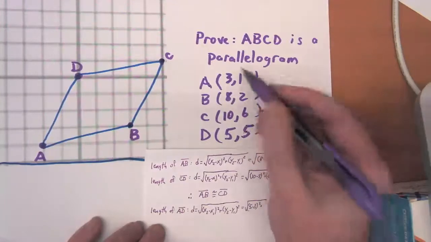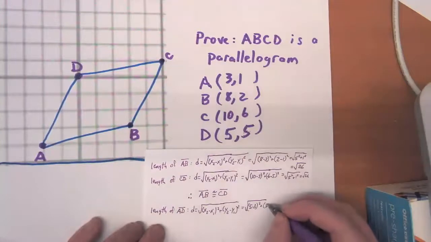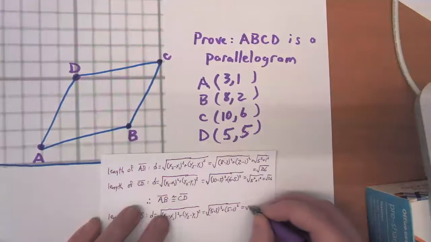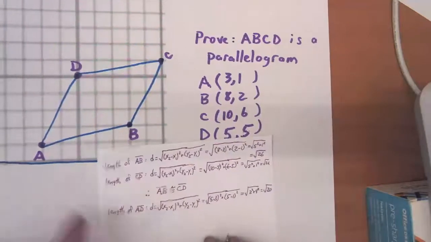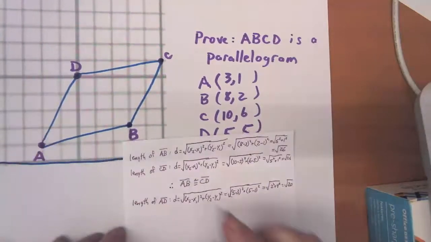And the difference in the y coordinates is 5 minus 1. 5 minus 3 is 2 squared. 5 minus 1 is 4 squared. So 2 squared is 4. 4 squared is 16. 4 and 16 is 20. So it's the square root of 20 is this length.